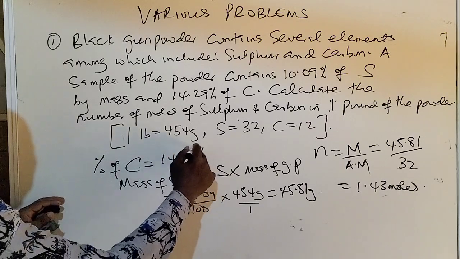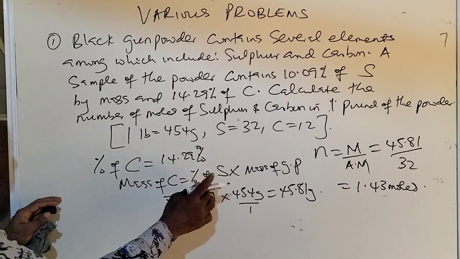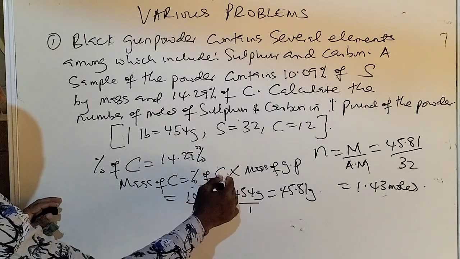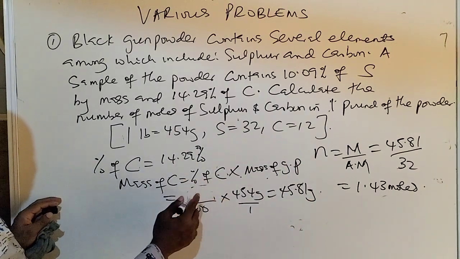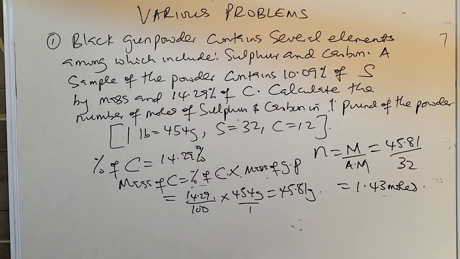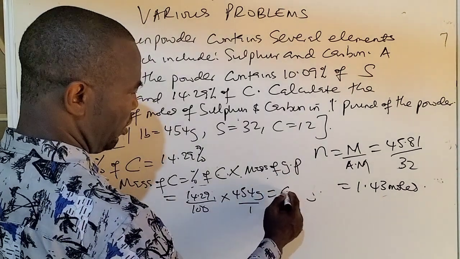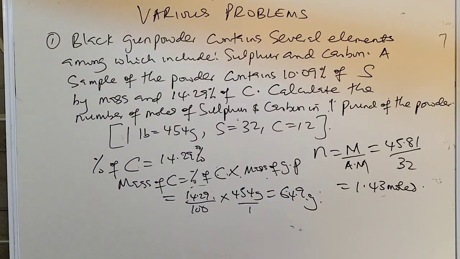Mass of carbon in the powder is percentage of carbon times mass of gunpowder, which is 14.29 over 100 times 1 pound weight, which is 454 grams. When we multiply this, the mass of carbon gives us 64.9 grams. 64.9 grams of carbon in the gunpowder.